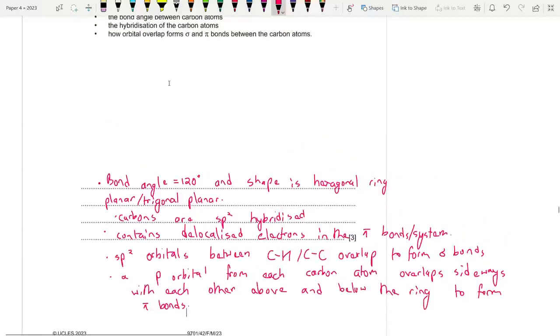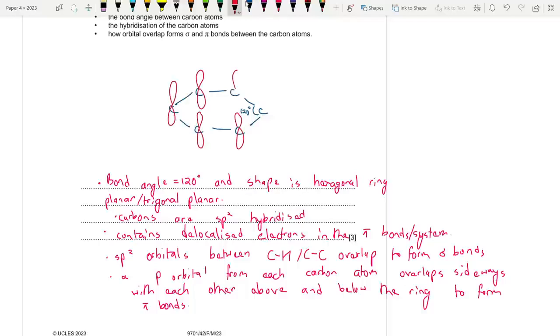So let's begin. We can draw the diagram if you guys want. This is our benzene ring. We can show that it's hexagonal, and we can also show the bond angle is 120 degrees. You can draw the p orbitals like this, and you can show the orbital overlapping like this, basically, above and below the ring.